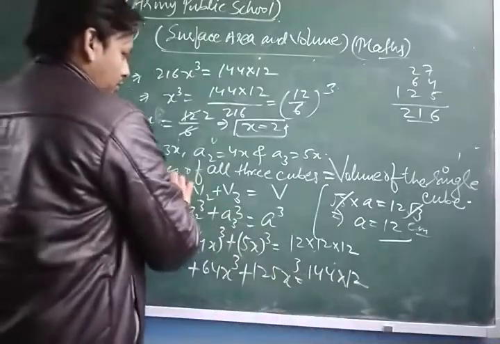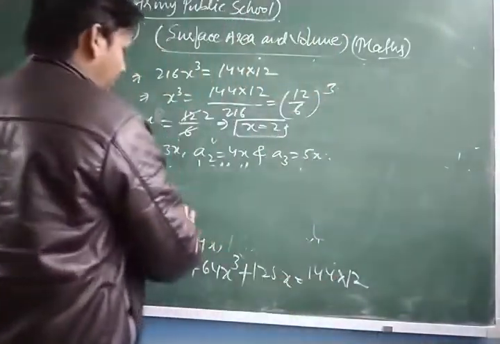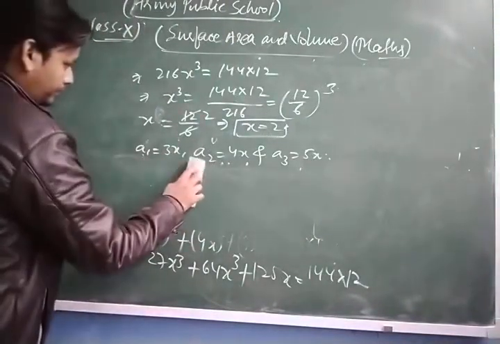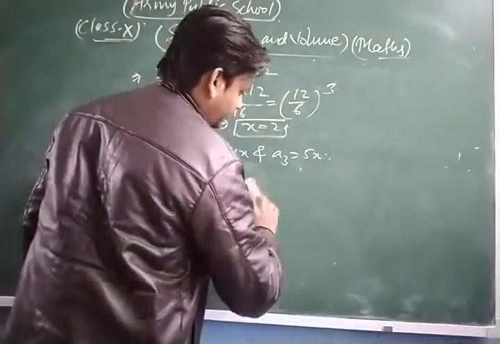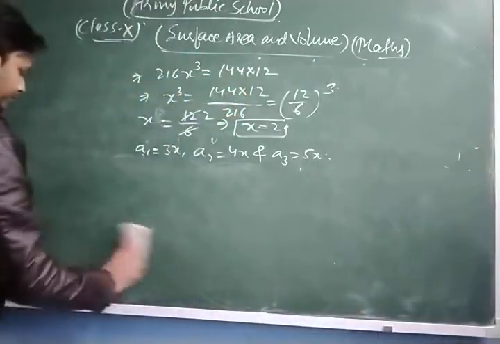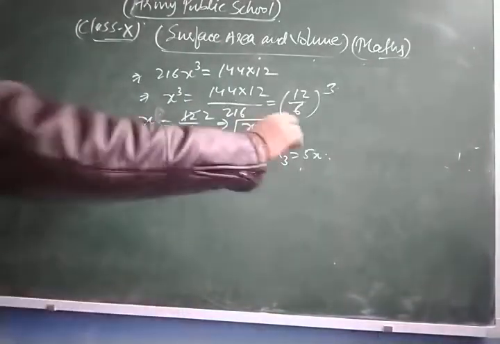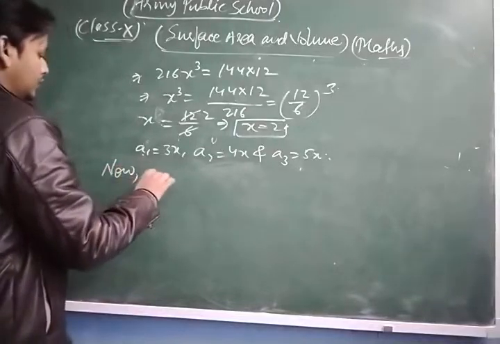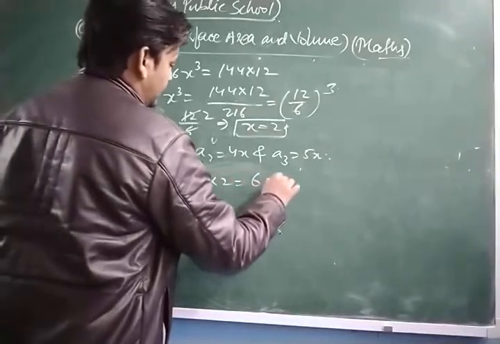Now look. Now the edge of all three cubes: a1 is what? 3 into 2, that is 6 centimeter.